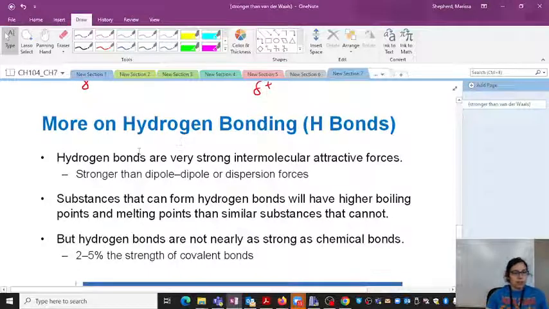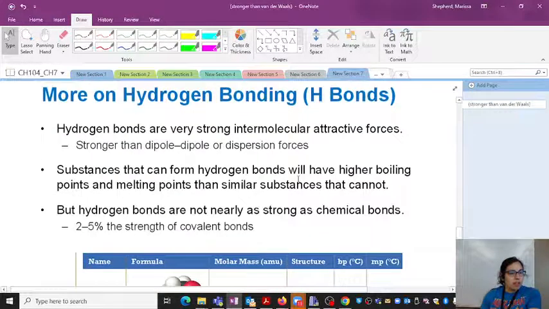And so again, hydrogen bonds are a very strong intermolecular attractive force, stronger than both dipole-dipole or dispersion. And so substances that can form hydrogen bonds will have higher boiling points and melting points than substances that cannot.